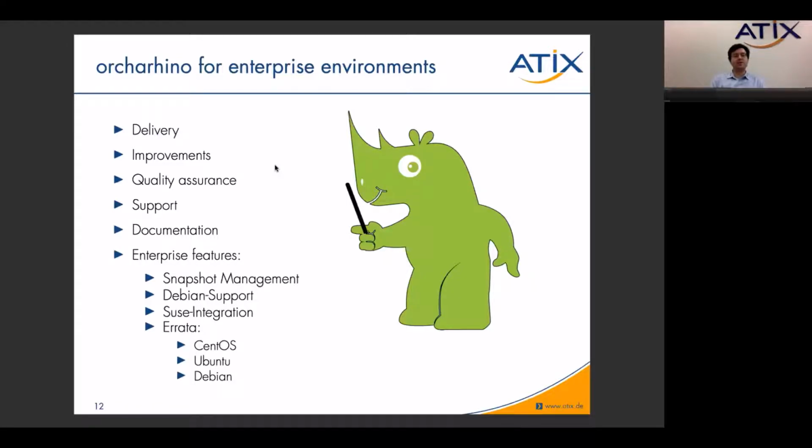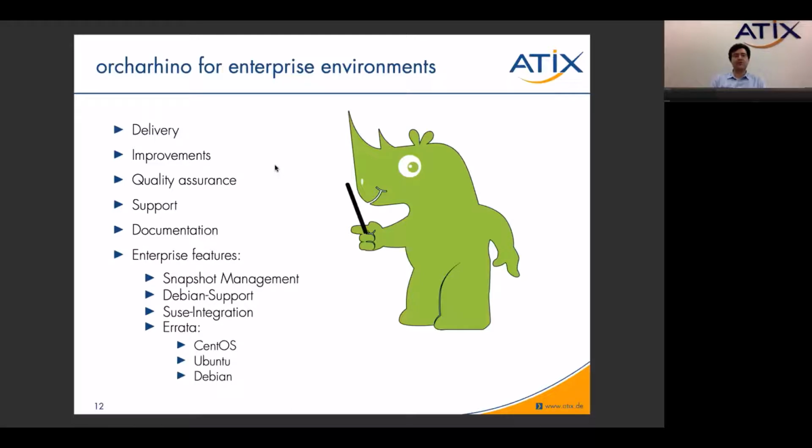For people who are interested but do not have Orcharhino yet, we also have an upstream link, an online link, where you can have a look to see how everything works. We also develop enterprise features, for example, the snapshot management for Orcharhinos which deploy on VMware.